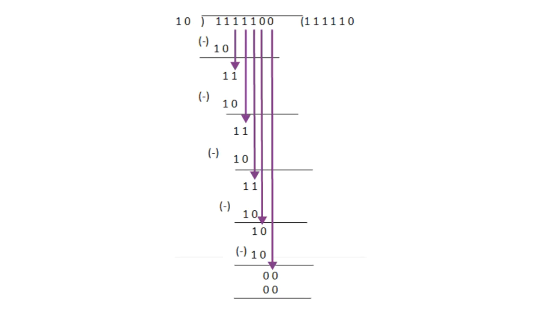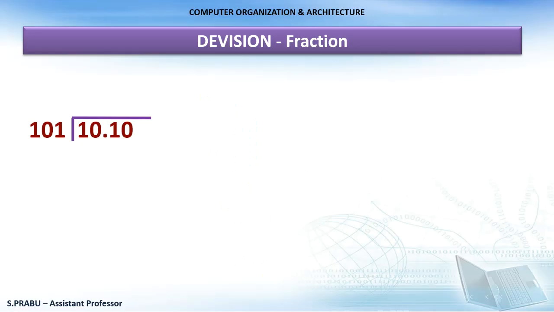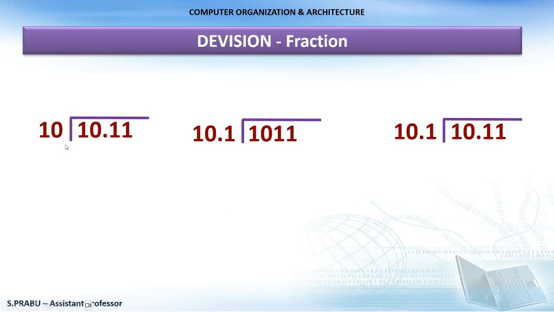Let's move to the division operation with fractional numbers. In the fractional division process, there are three cases. In the first case, the divisor is a full number, the dividend is a fractional number. In the second case, the divisor is a fractional number, the dividend is a full number. In the third case, both numbers are fractional numbers.